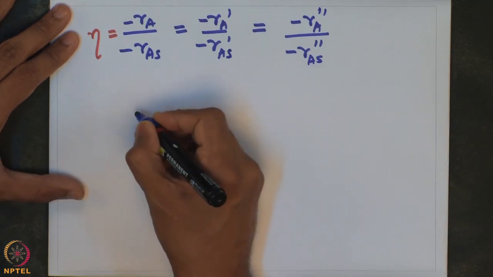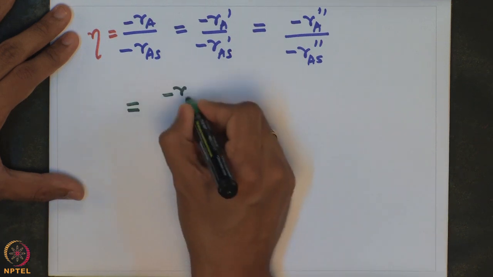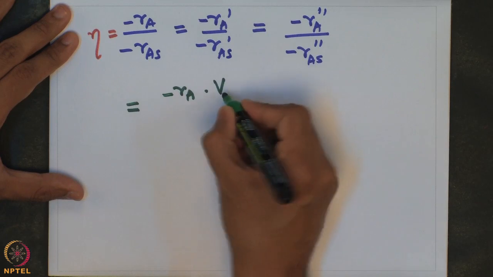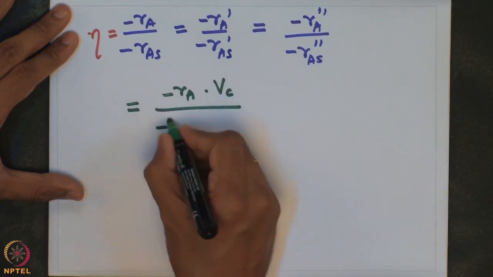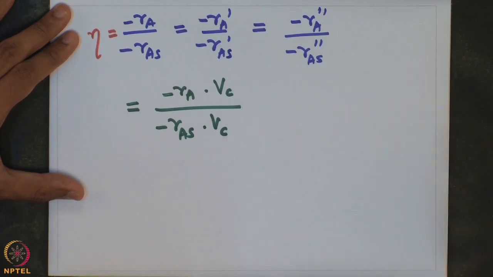Now, it is often useful, rather than looking at the actual rate, one can actually rewrite this as minus Ra into the volume of the catalyst divided by minus Ras into volume of the catalyst. Now, what is the reaction rate into volume of the catalyst?